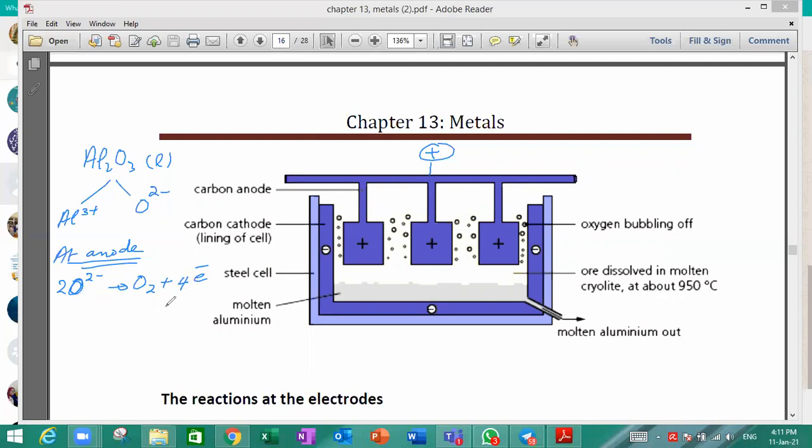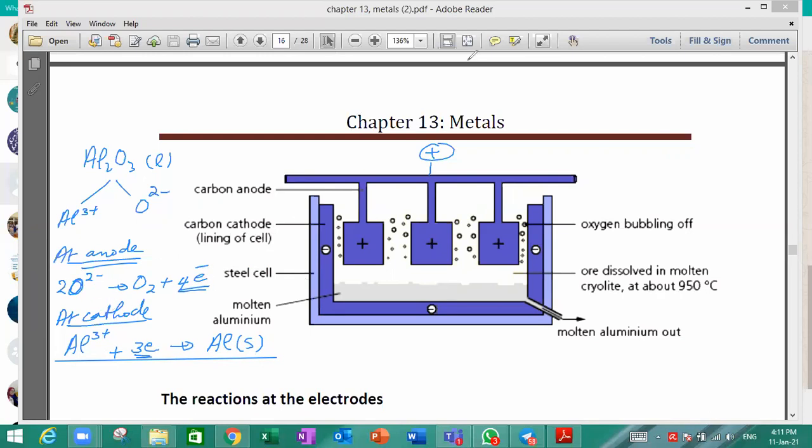This is the half ionic equation happening at the anode, and at the cathode we will find that aluminium ions will be attracted towards the cathode, where they are going to get the electrons that come from the anode to form aluminium metal. Okay, so if we want to add up these two equations, then we said before that the number of electrons that come out at the anode should be equal to the number of electrons that are needed at the cathode.